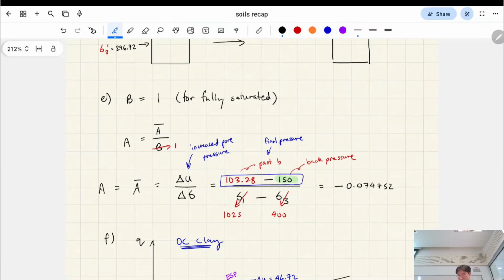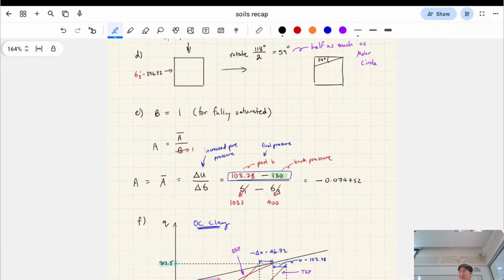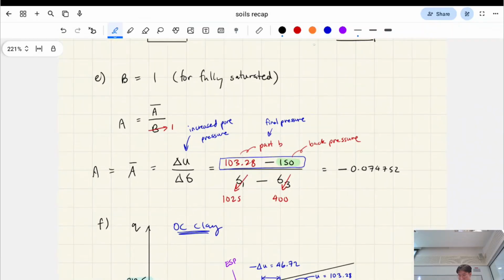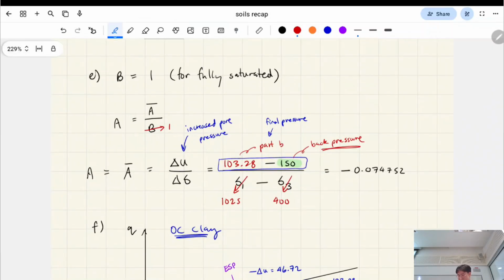It's your increased pore water pressure divided by your change in axial stress, divided by the diameter of your Mohr circle, basically. Increased pore water pressure is where back pressure comes in. In part B, we worked out what the pore water pressure was.